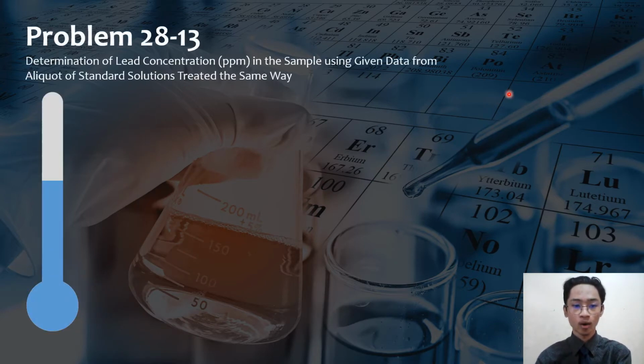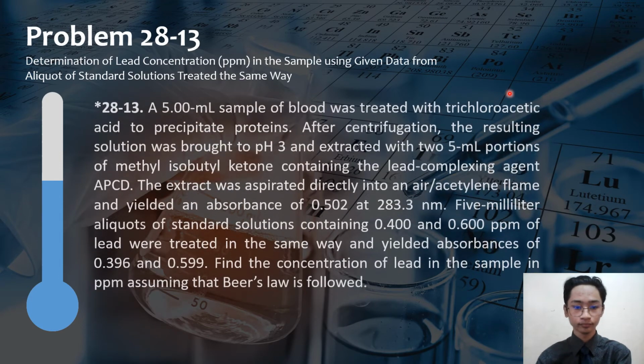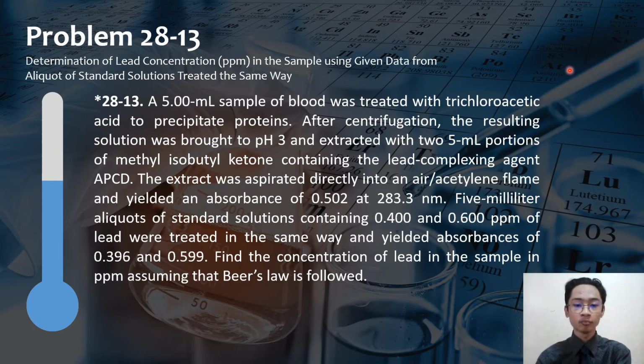So what is our problem? A 5 ml of blood was treated with trichloroacetic acid to precipitate proteins.